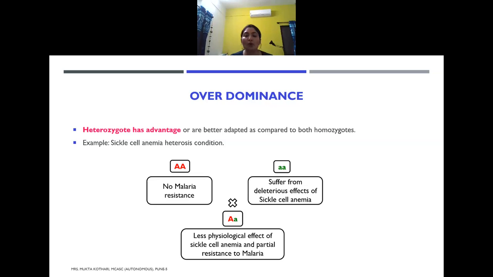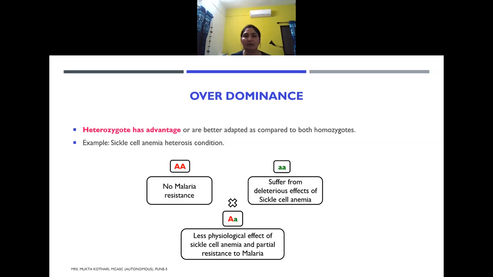But if you look at the parents, the homozygous normal parent cannot show resistance towards malaria. And the second parent, which shows the mutation for sickle cell anemia in both alleles, will show the deleterious effects of sickle cell anemia, a very severe condition.